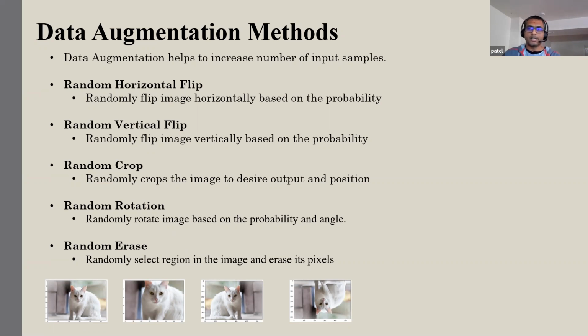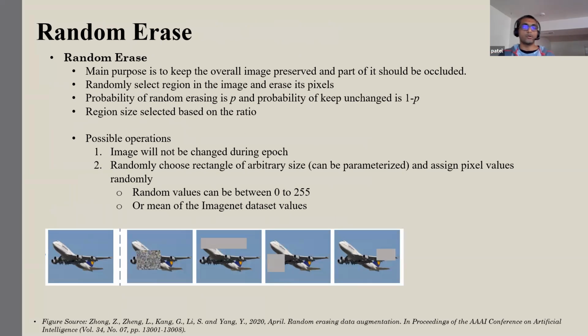Another is RandomErase, which was recently introduced in 2020 or so. What happens in that is it basically solves the problem of occlusion in the image. So here it's an image. During the training time, when you pass the image, RandomErase is parameter free, but at the same time it gives you the capability to pass parameters as well.